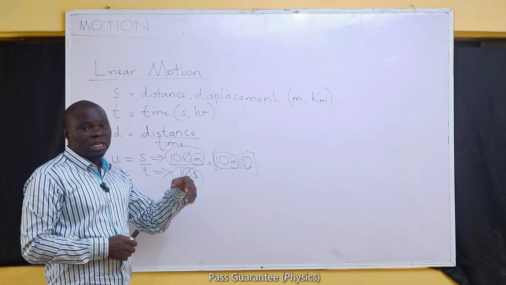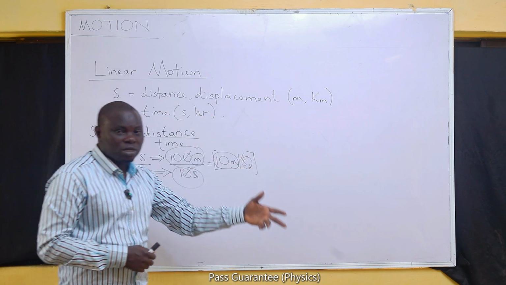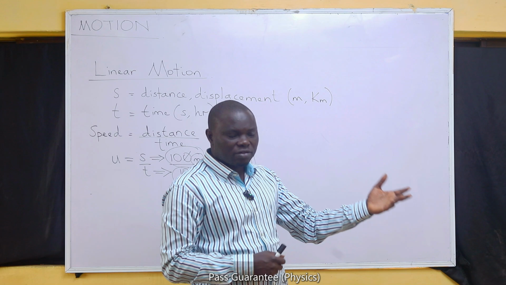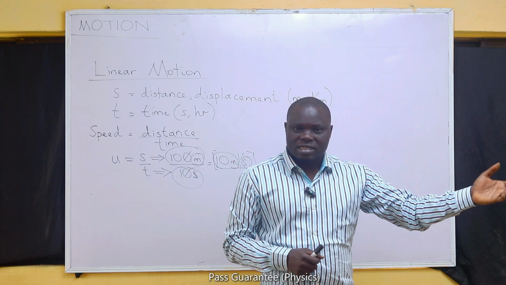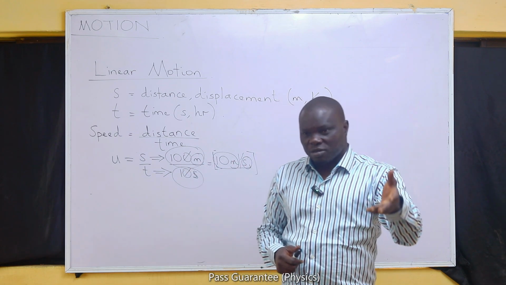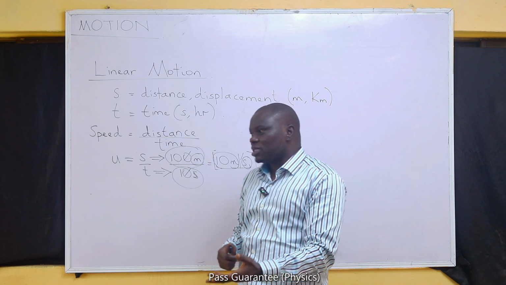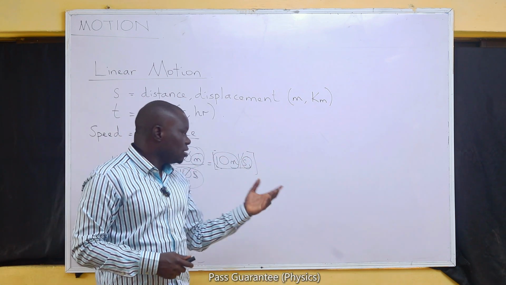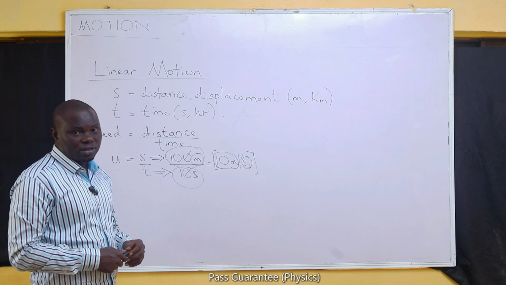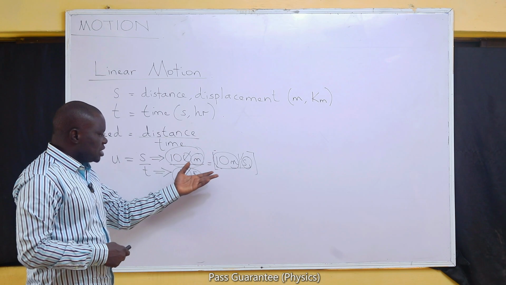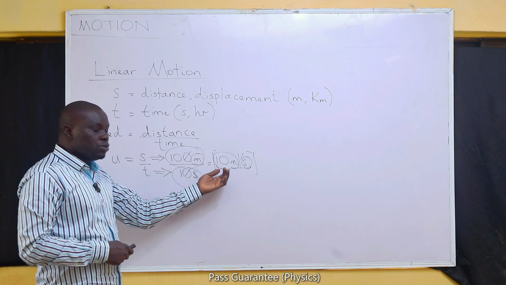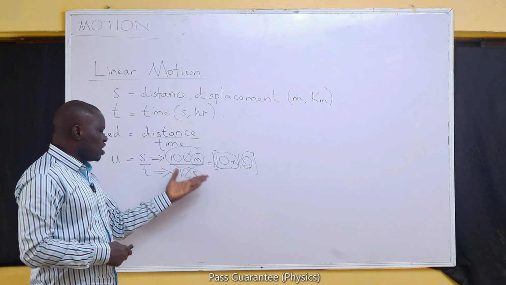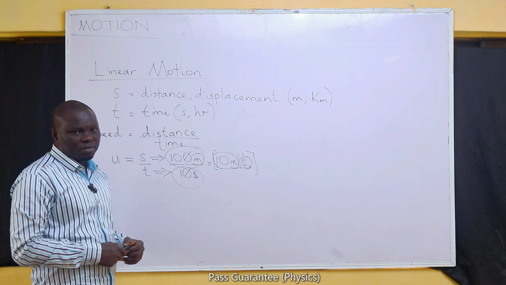That is why you'll be able to cover 20 meters in 2 seconds, 30 meters in 3 seconds, 40 meters in 4 seconds, 60 meters in 6 seconds, 70 meters in 7 seconds, 80 meters in 8 seconds, 90 meters in 9 seconds, and 100 meters in 10 seconds. So your speed describes what you have been able to do in 1 second for you to have been able to cover that distance and time.